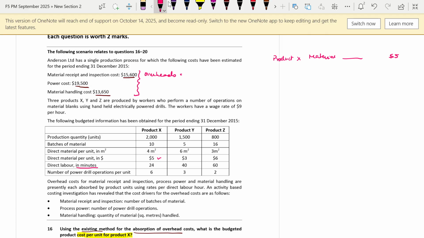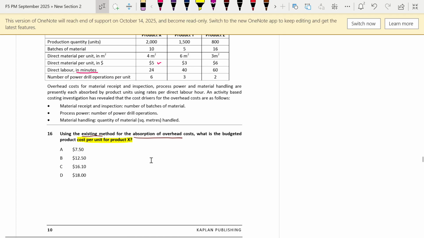Direct labor is 24. In minutes, okay? That is in minutes. Minutes is 24.